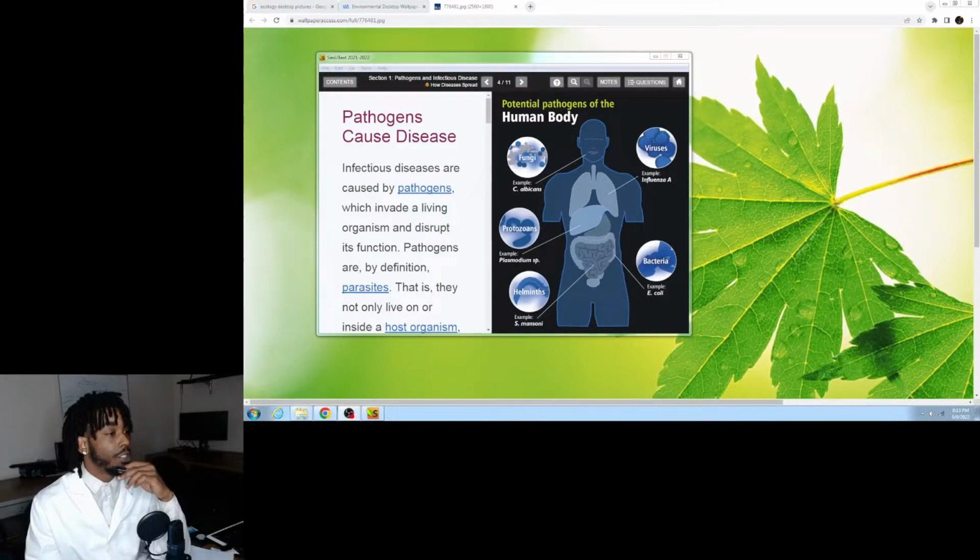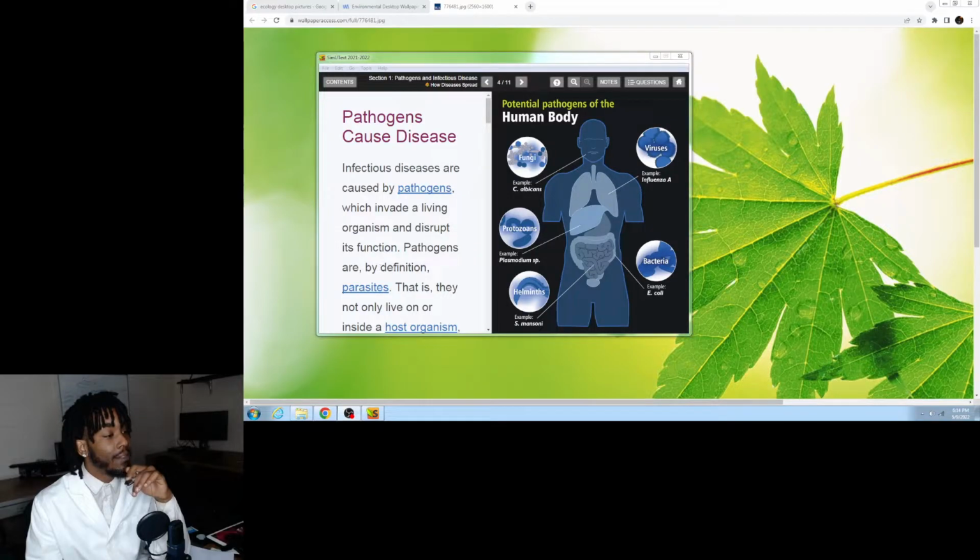So what are pathogens? You're probably having to learn more about this in your biology classes or science classes of some sort. What are pathogens? Infectious diseases are caused by pathogens, which invade a living organism and disrupt its function.